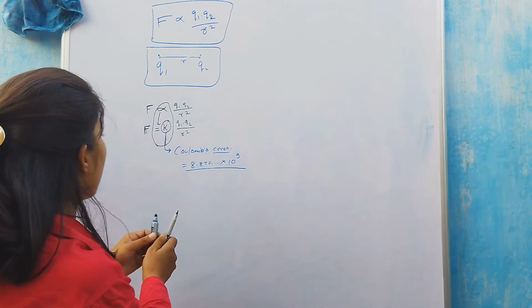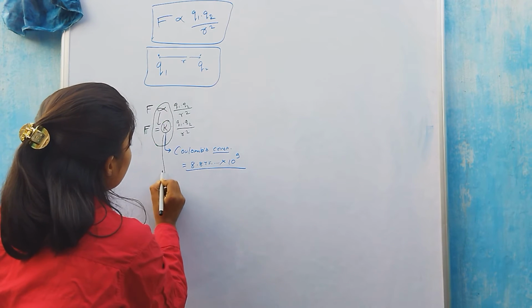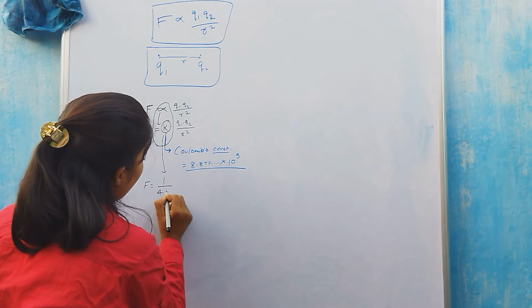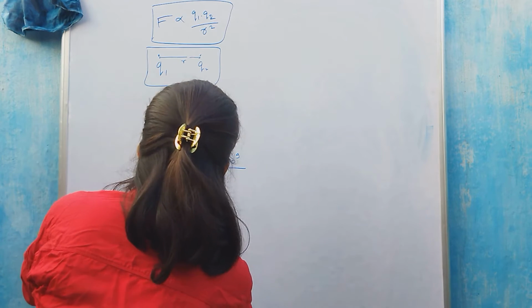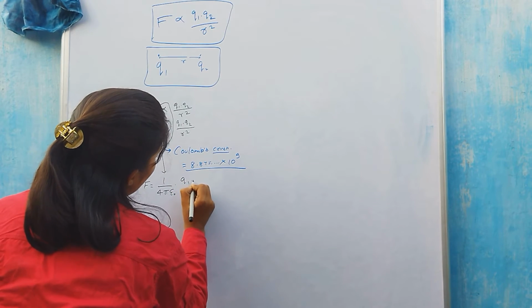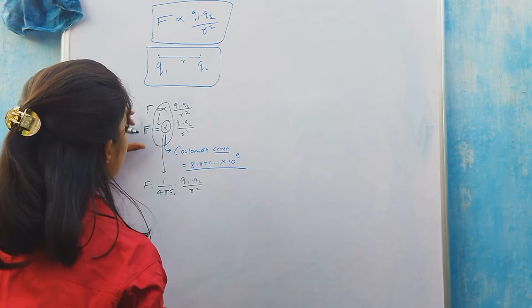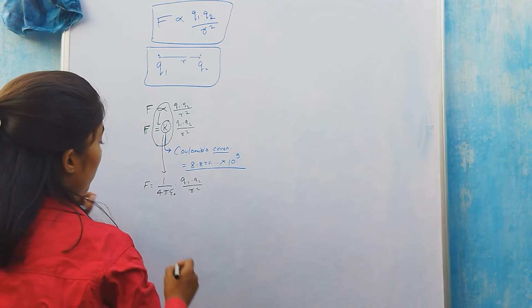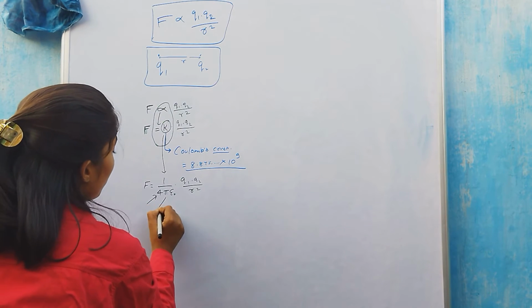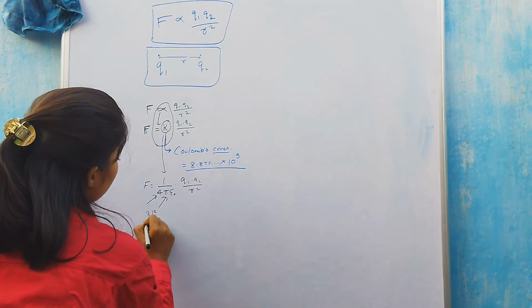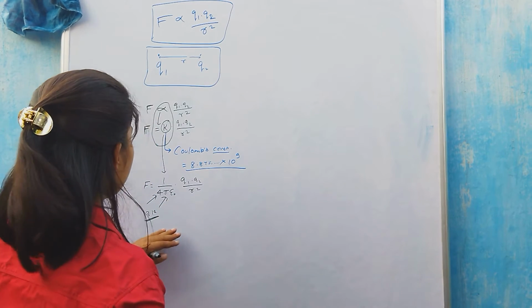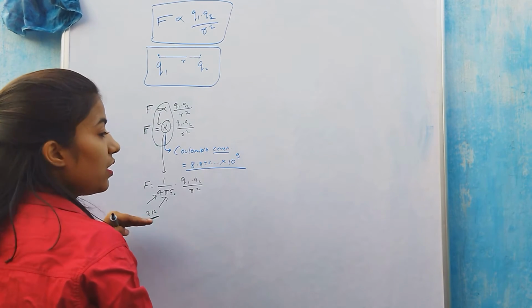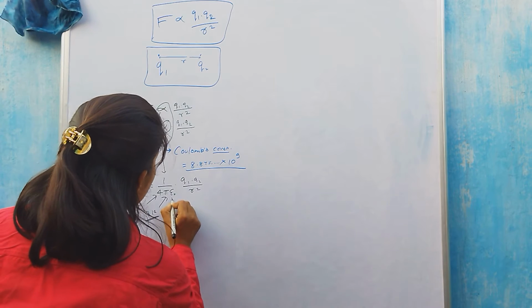So after more simplification, this k gets replaced with 1 by 4 pi epsilon naught, dot q1 q2 by r square. See here, k is only getting replaced by the value 1 by 4 pi epsilon naught, and 4 is a numeric value. Pi is equal to 3.14. We are not interested to talk about its larger value. We are only taking 3.14.